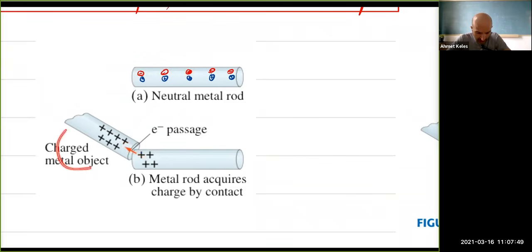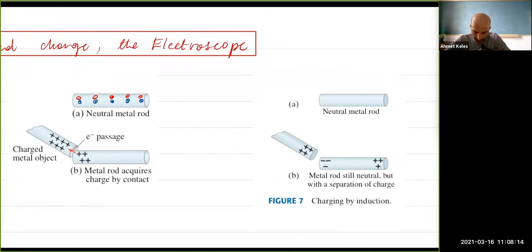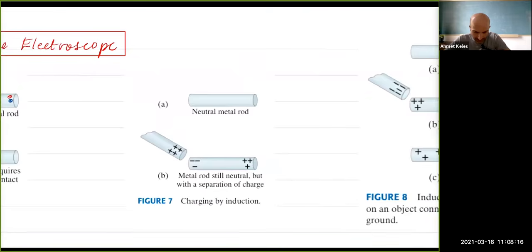And this initially charged object is going to have less positive charge. And this initially uncharged object is going to be charged because some of the electrons are not there anymore, so it's positively charged. So by bringing a charged object to another object, we can charge it by touching, like connecting them with some channel.